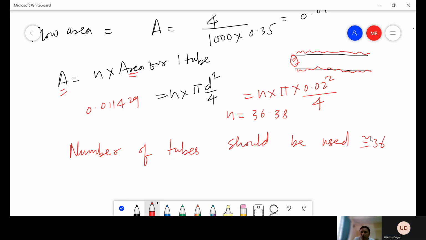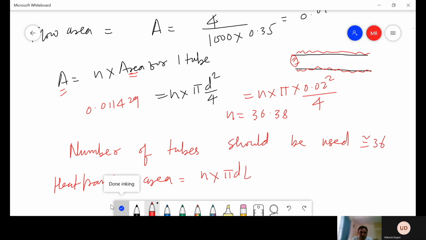Now, if I know the number of tubes is 36, now I can calculate the area. Heat transfer area will be given by what? N into pi dL, correct? Because now pi dL is the heat transfer area, and the heat transfer area we have already calculated above.